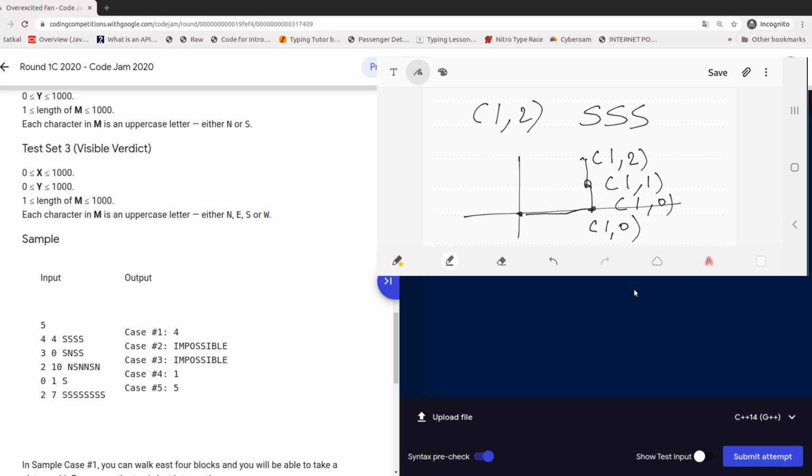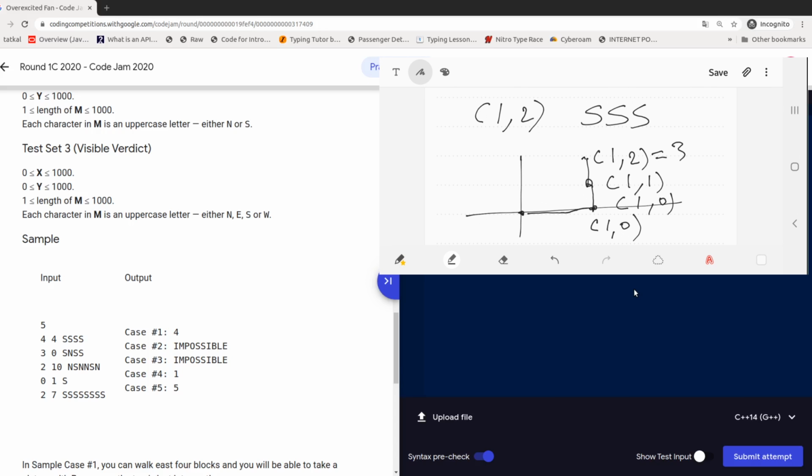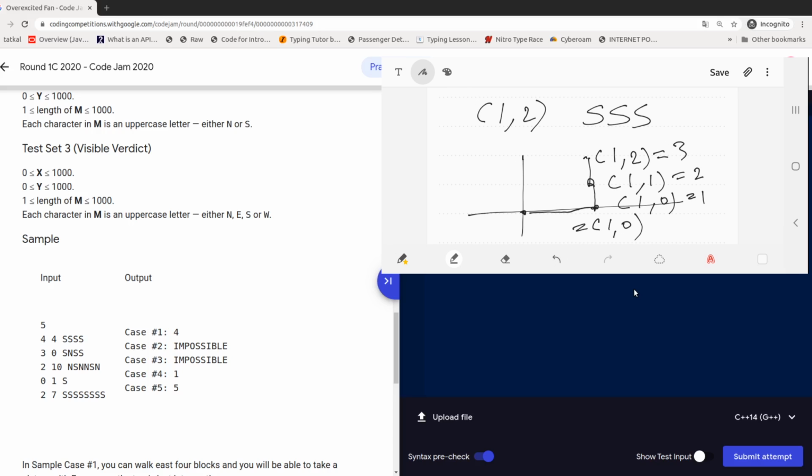What you can see is that initially the distance of this person from the origin was 3, then it became 2, and then 1, and initially your distance was 0, then your distance became 1. The moment your distance became 1 and the person's distance became 1, the collision happens.